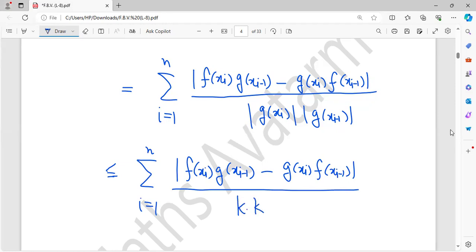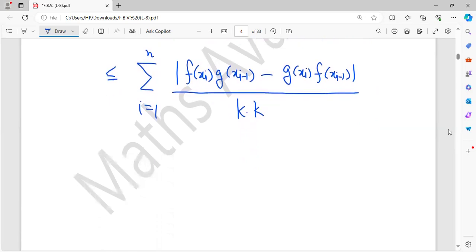Because this is greater than k, if I take k here, this summation will increase, because this part is increasing. Because I am taking the lower value, this summation will increase. So I can take 1 upon k square outside.